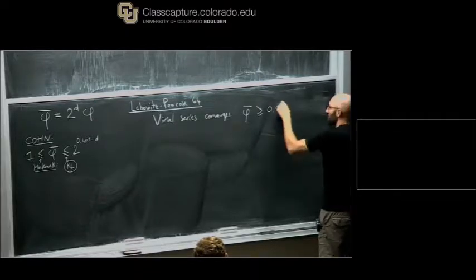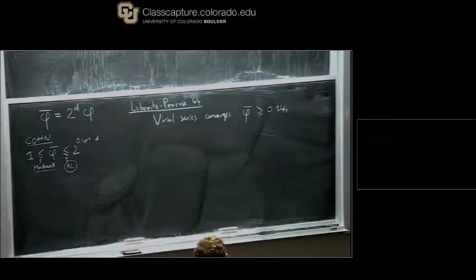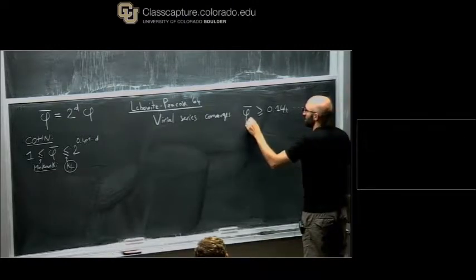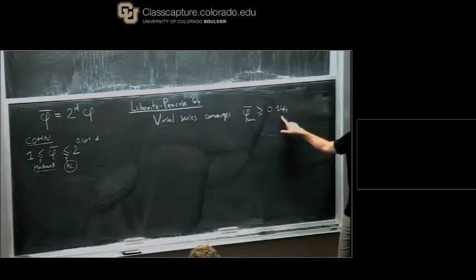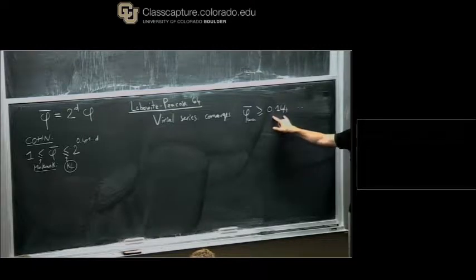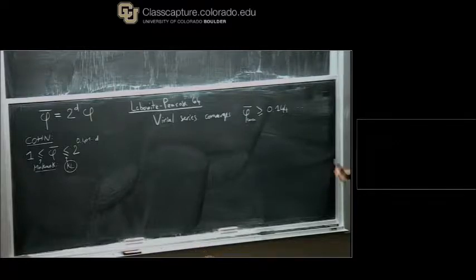It's basically 0.144 and something like that. So the convergence radius of the virial series, which is a series in density, is bigger than this. This means that for all densities below this one, basically the liquid exists. It's actually basically a gas, but you have a liquid phase. And you are sure that you have a liquid phase, and you can compute all the properties you want with the series expansion.